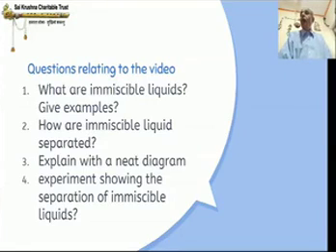Third question: explain with a neat diagram an experiment showing the separation of immiscible liquids. So I want all of you to answer these questions.